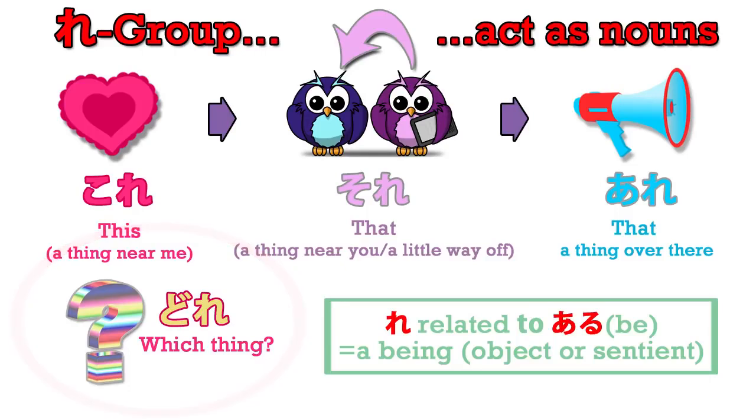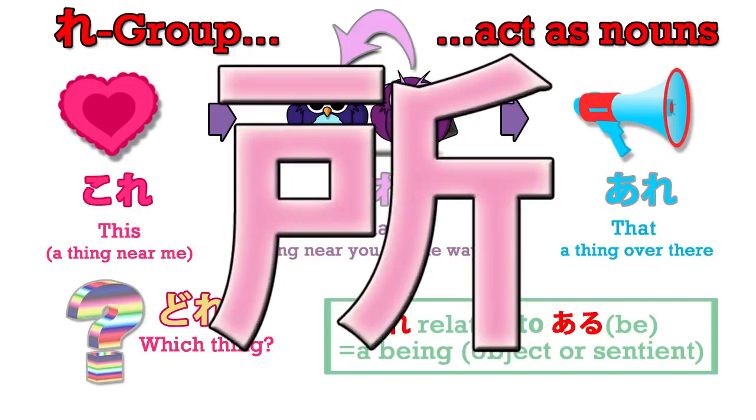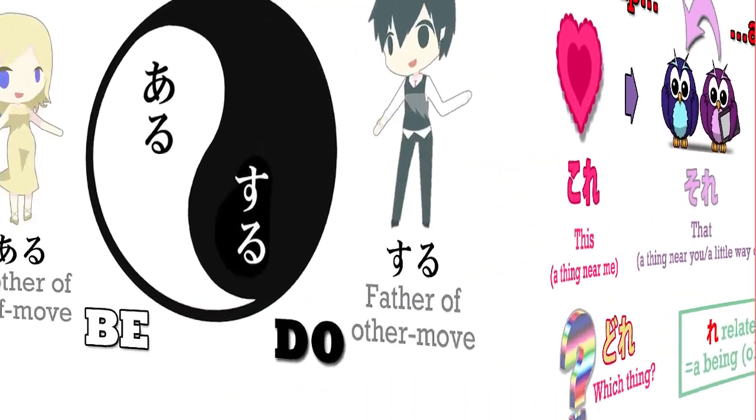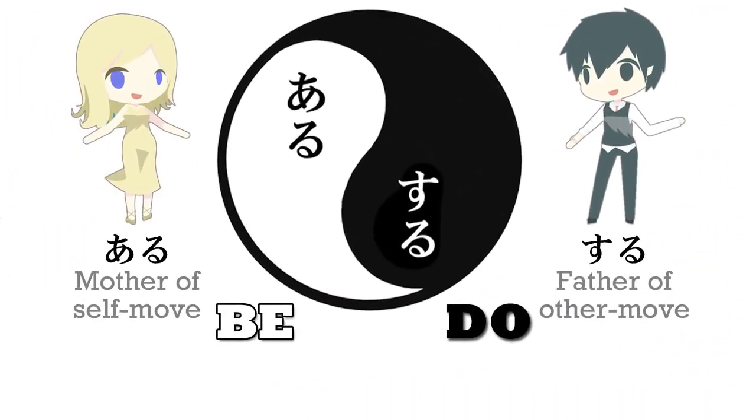And the thing here is that the re means a thing. Ko means a place, location, and it can actually be written with the kanji for tokoro, place. Re is related to aru, the mother of verbs, and aru means to be.